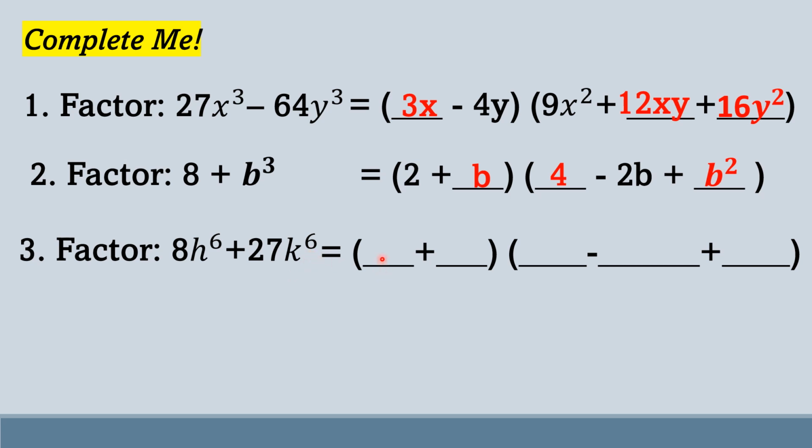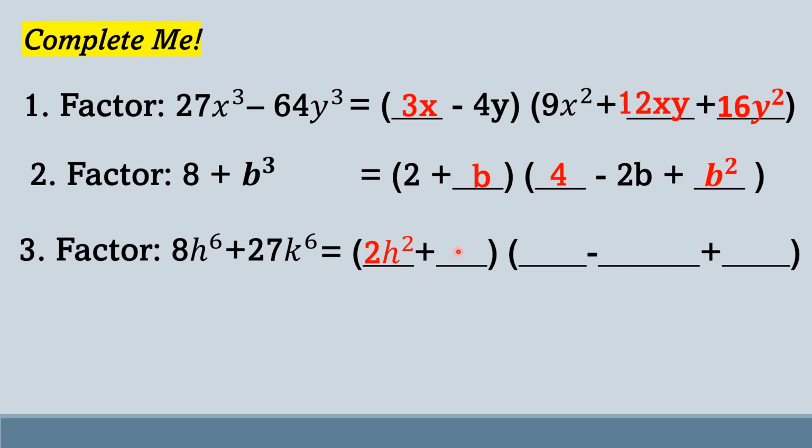So, all the terms of all the factors are missing. To find the first term of the first factor, get the cube root of the first term of the given polynomial. So the cube root of 8h to the 6th power is 2h to the 2nd power.